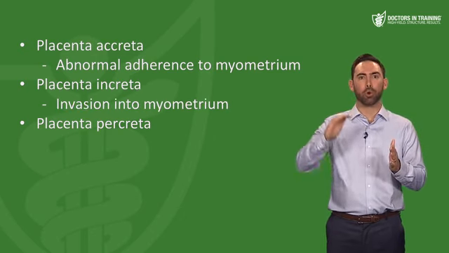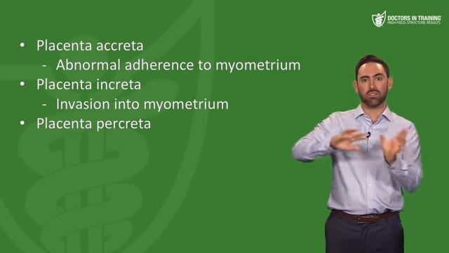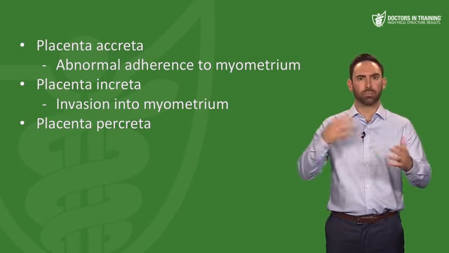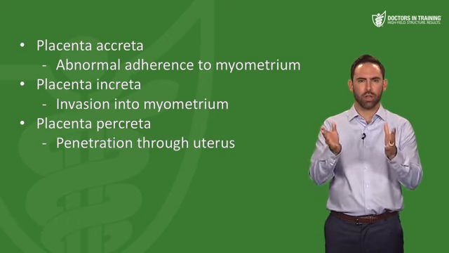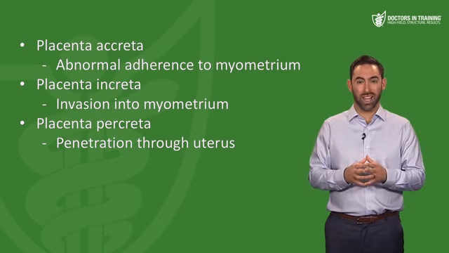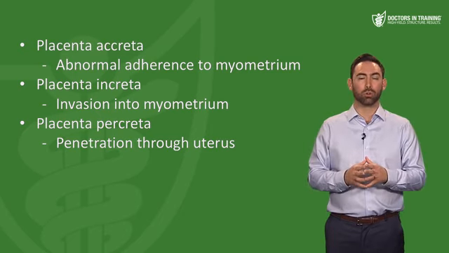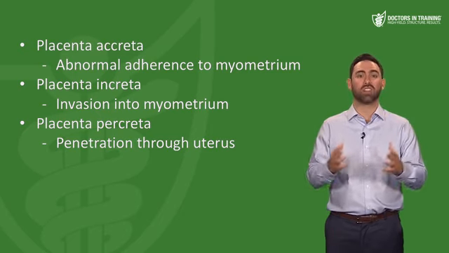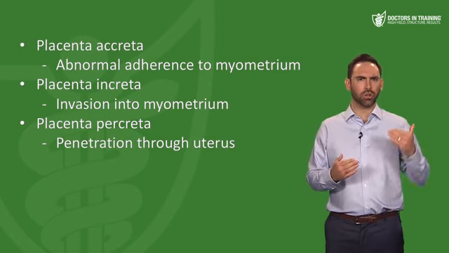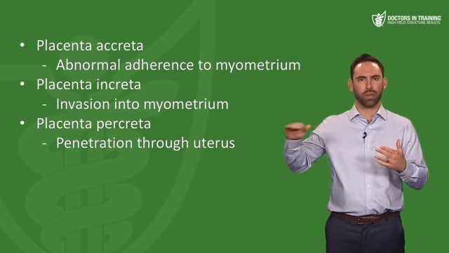And placenta percreta is when the placenta invades through the myometrium and serosa. So placenta percreta penetrates through the uterus. Percretas can even invade surrounding structures like the bowel, bladder, or large pelvic vessels like the iliac arteries. So accreta adheres, increta invades, and percreta penetrates.